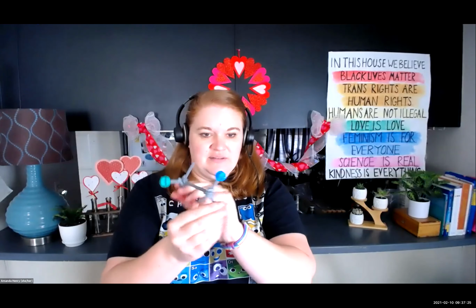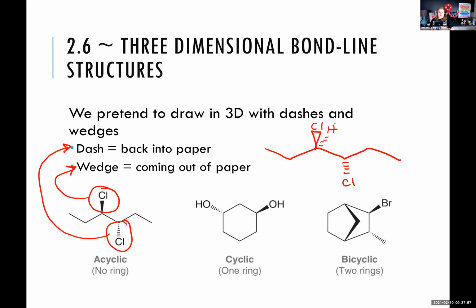But this is how we represent them to say there's 2 things attached to this carbon right here. The chlorine is the one that's coming out at you, and the hydrogen is going back away from you. It's not great, but it's what we use. It's the best we got. It's a way to represent it.